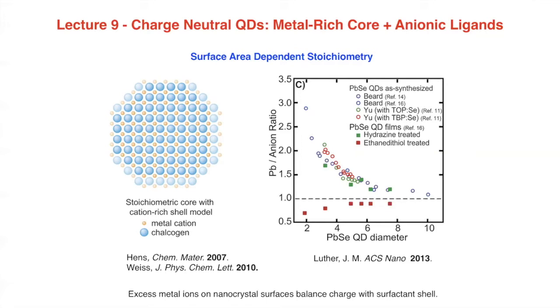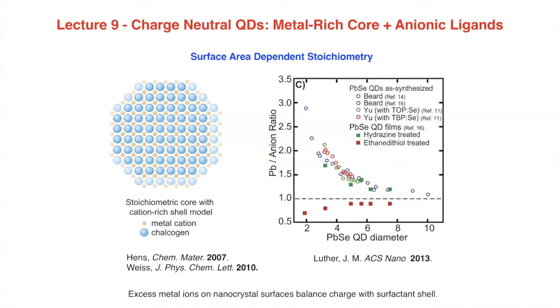And in this particular example of lead selenide, what you'll find is that the composition is lead enriched, and that the amount of lead enrichment depends upon the diameter. So here is plotted from 10 to 2 nanometers. The lead to chalcogen ratio goes from near 1 all the way up to 3. And this curvature suggests that the increase in the metal enrichment is on the surface of the particle.